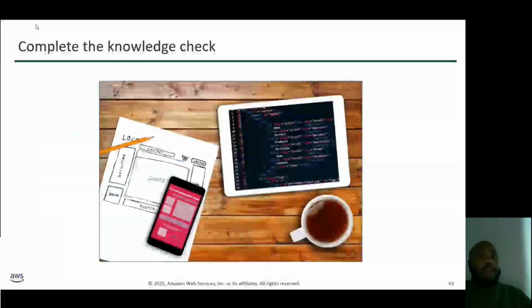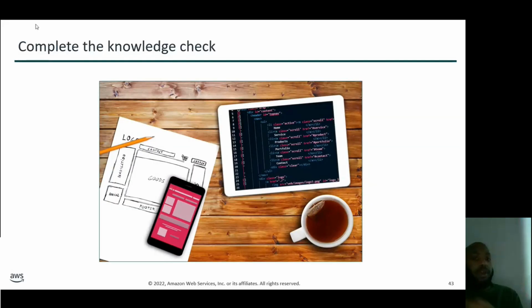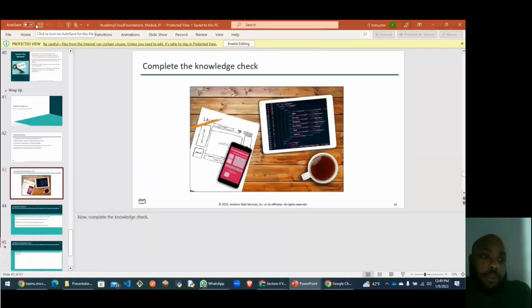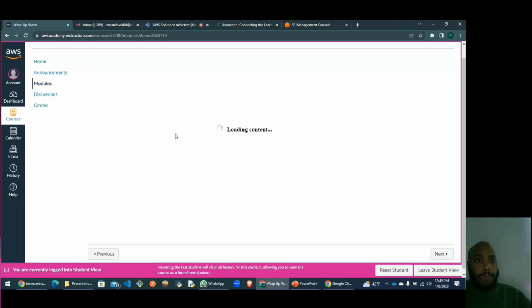Now, you will have your knowledge check after this, and I want everybody to go into the knowledge check of the class. Once you watch all your videos and go through all the lectures, you can just click next, and then you'll have your wrap-up video.